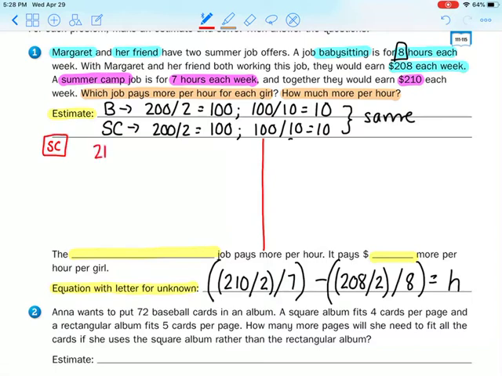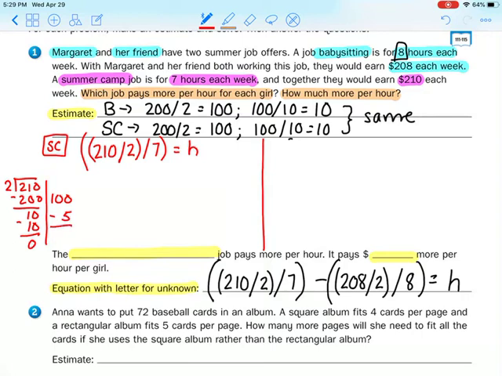So it is 210 divided by 2, not 7. Then divided by 7, the number of hours they worked, equals H. So if I did 210 divided by 2, I know that 2 times 100 is 200, and I'm left with 10, which is a multiple of 2, because 5 times 2 is 10.